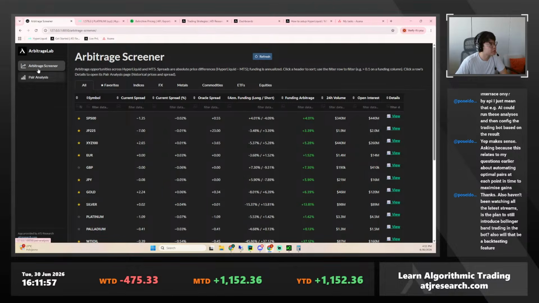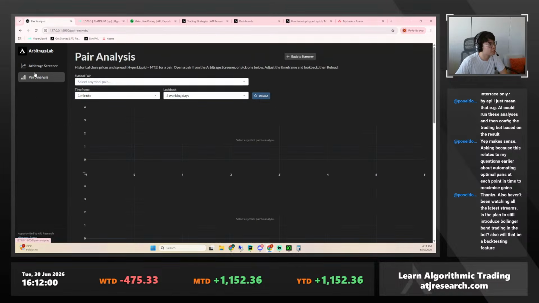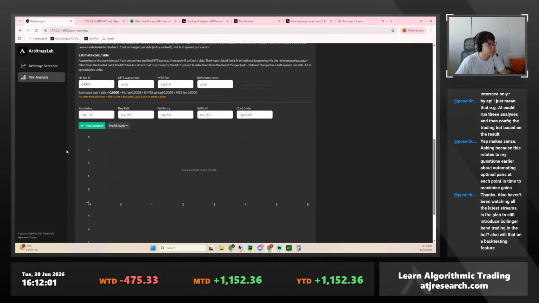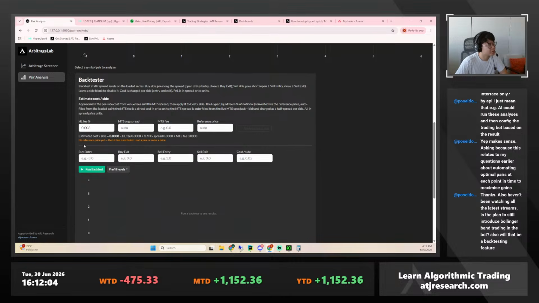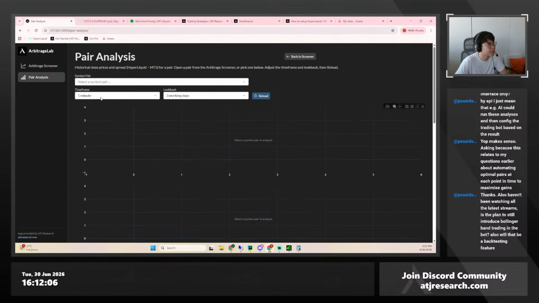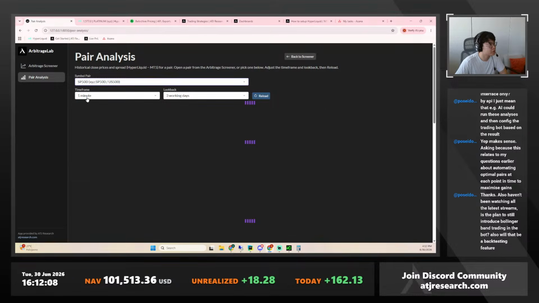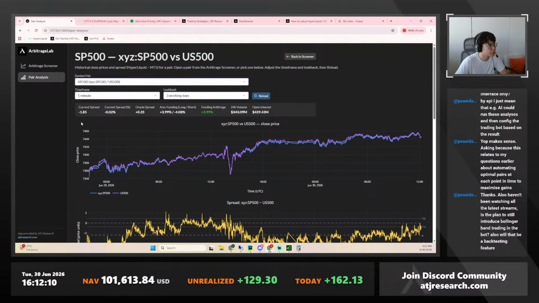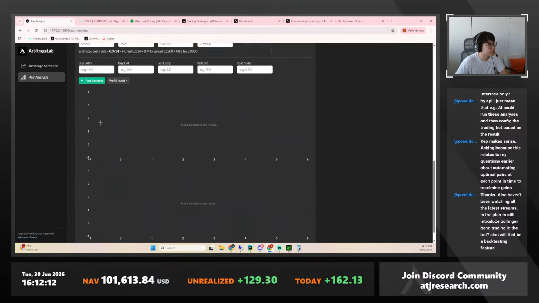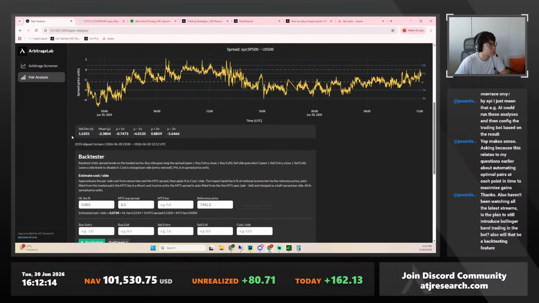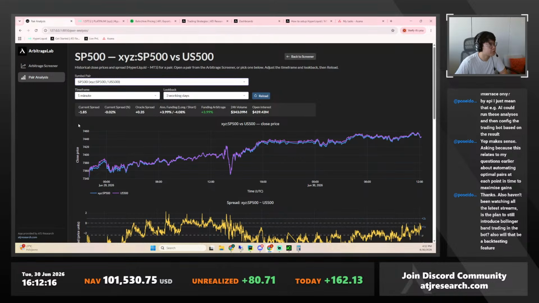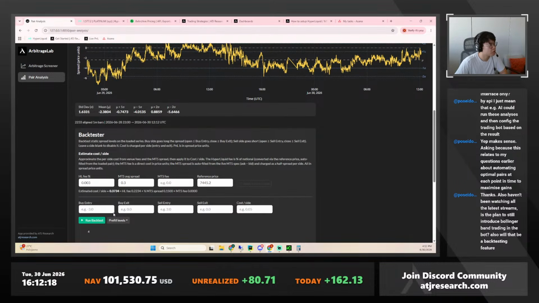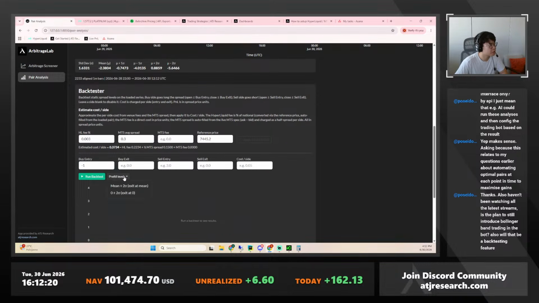Okay, so Arbitrage Screener is now our homepage. We have the pair analysis. We have our estimated cost, so we can run our backtest. We can select our symbol pair, which is here, and we should have two buttons that pre-fill the levels.